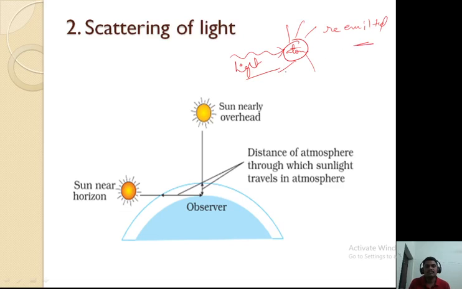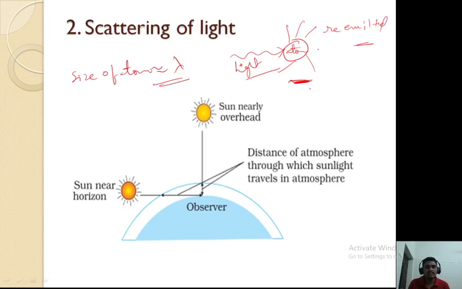This is the basic process that happens in scattering. The atom does not respond to all light. When the size of the atom is comparable with the wavelength of light, only then does it respond, absorb the incident light, and vibrate.